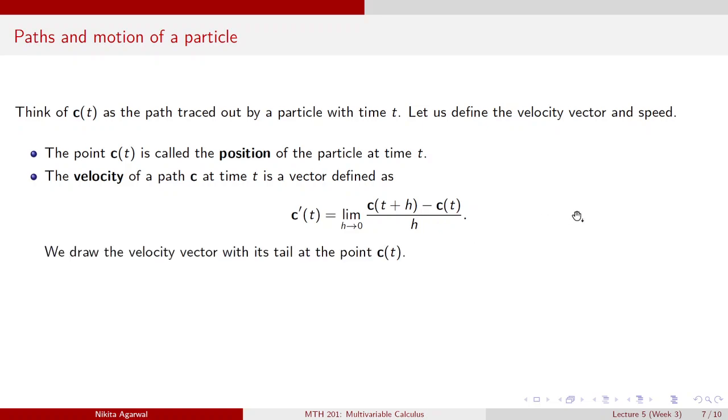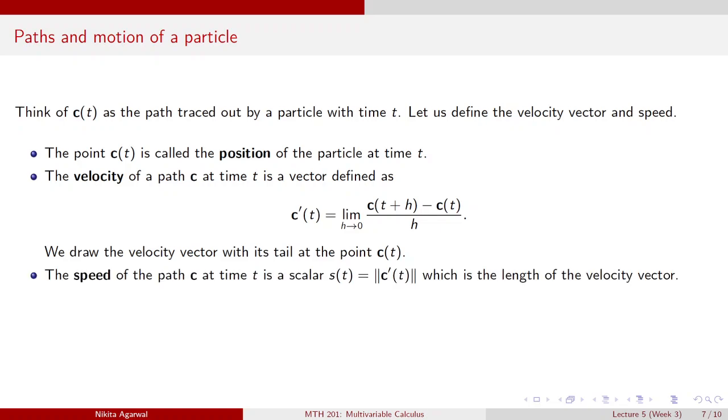and we draw the velocity vector with its tail at the point C(t). I will come to this point in a minute. And the speed of the path C at time t is the length of this vector C prime t.